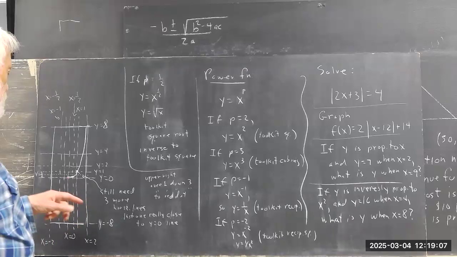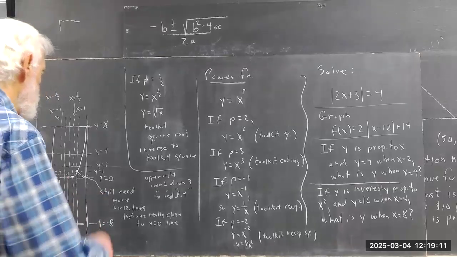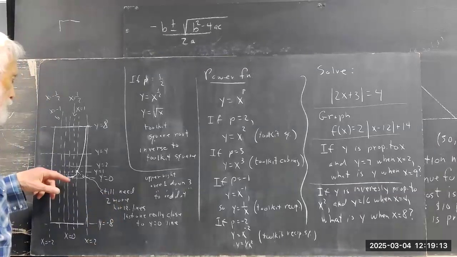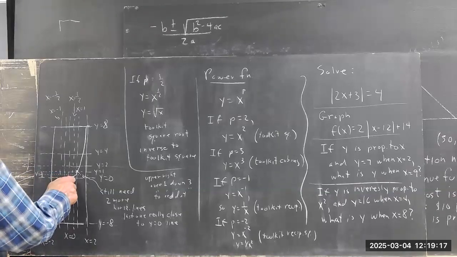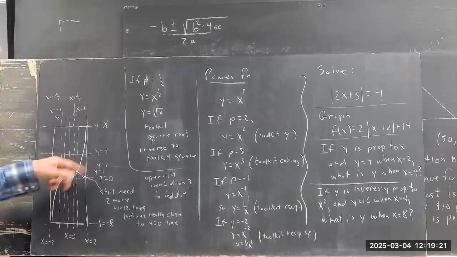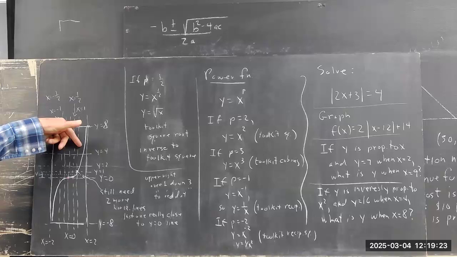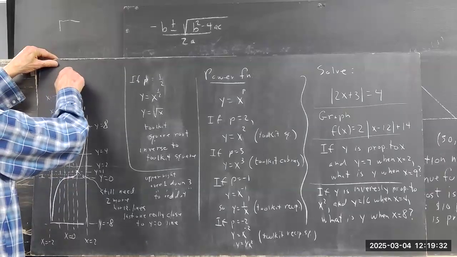Okay, actually I said you need 3 more because I was going to go for 1. The second one is going to be about there, really close. Then it goes the opposite way down. Okay, just a reflection. It's like this, but upside down and flipped over. Okay, that's your cube.